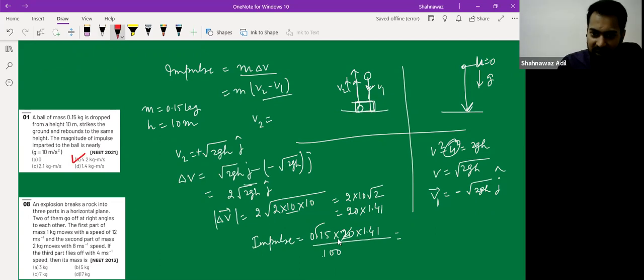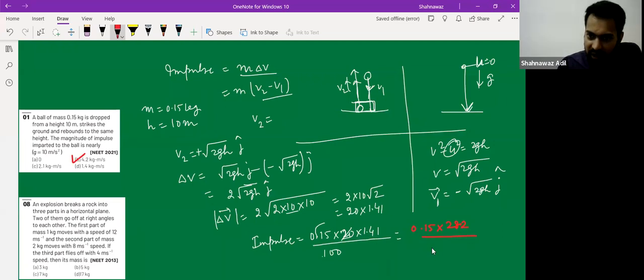Or you calculate this part. So what will be this? 0.15 into 28, and 182, right? And 28.2. Okay.